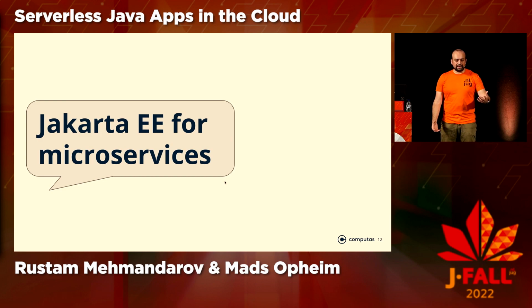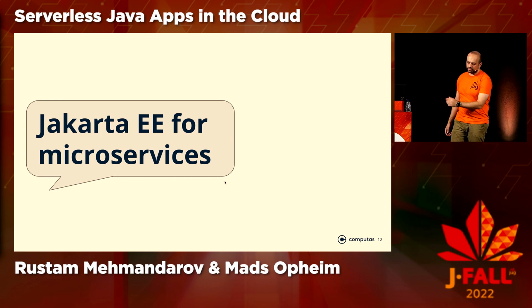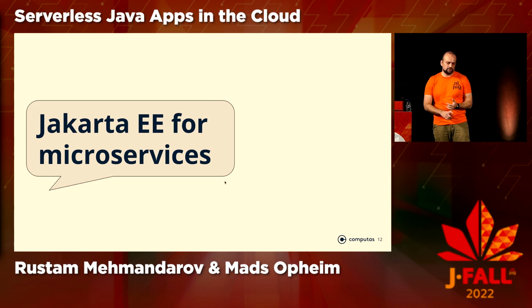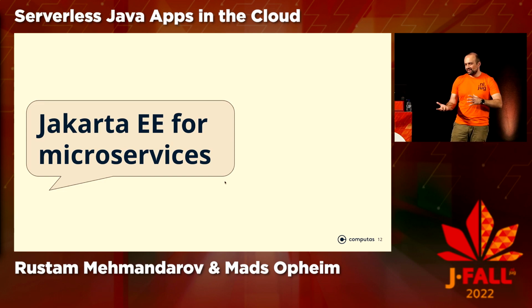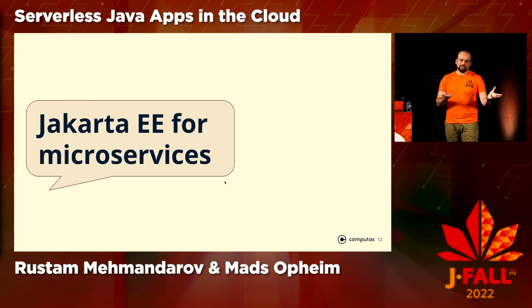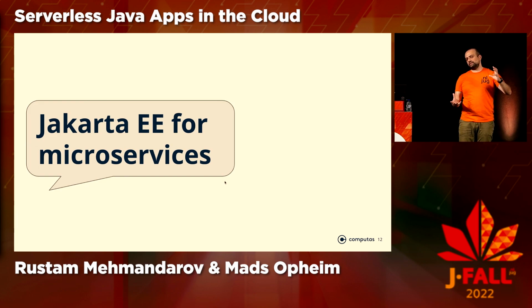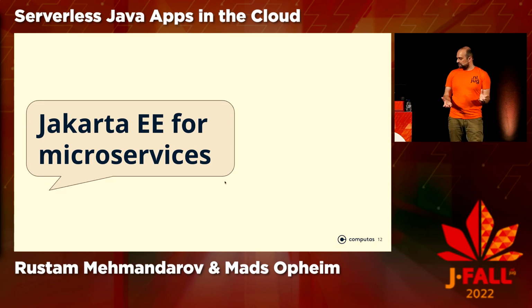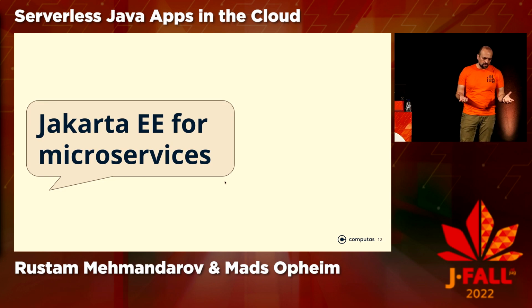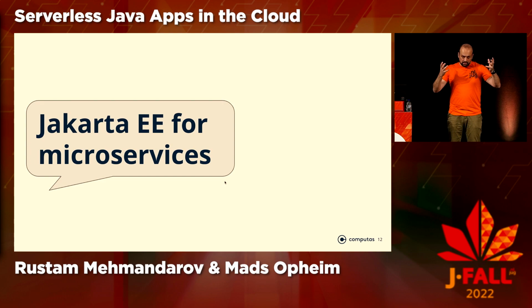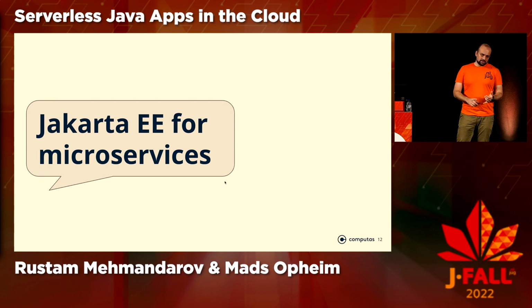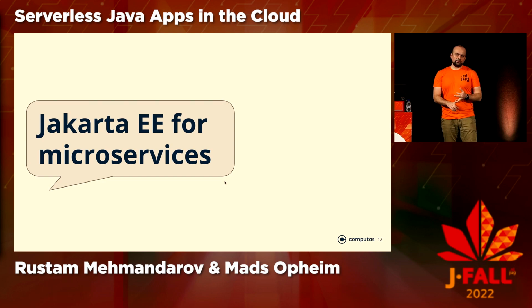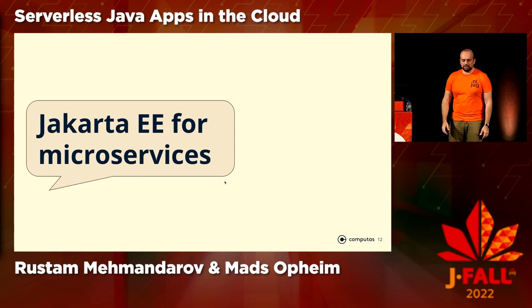That was the old explanation, Java EE for microservices. Nowadays, it's not the correct description anymore, but it gives you an idea because it has a set of packages, which we'll be seeing very soon, that make it possible to create microservices, like JAX-RS and health and a bunch of other things.